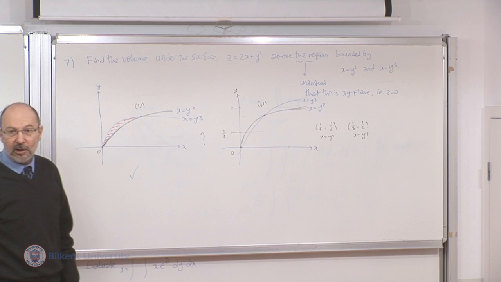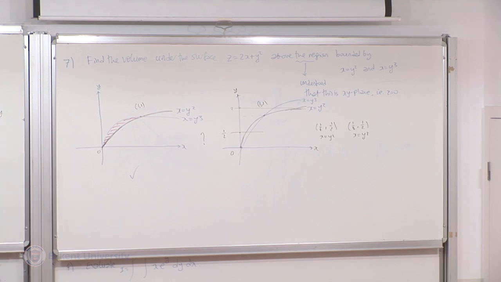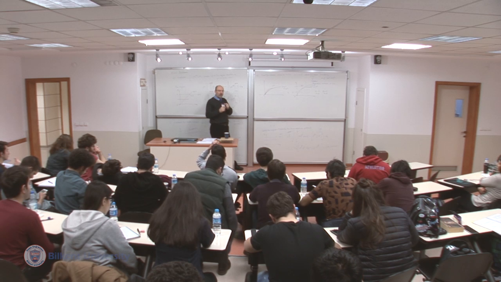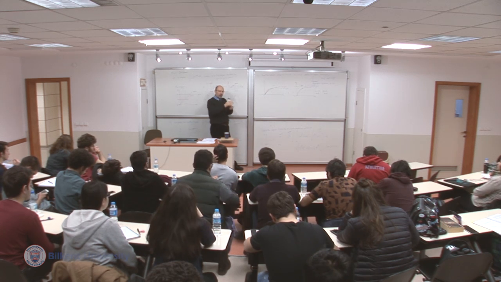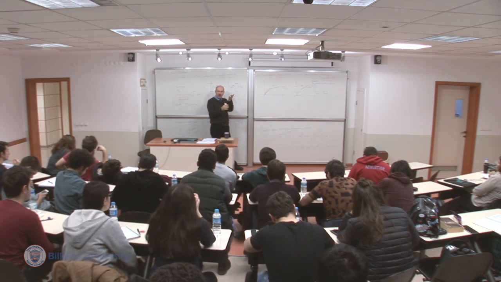That you should also check, because if volume is asked and if the surface cuts the xy plane, what remains under the xy plane will contribute as a negative volume if you integrate it. If you want absolute volume, find the region where it is above and calculate that.